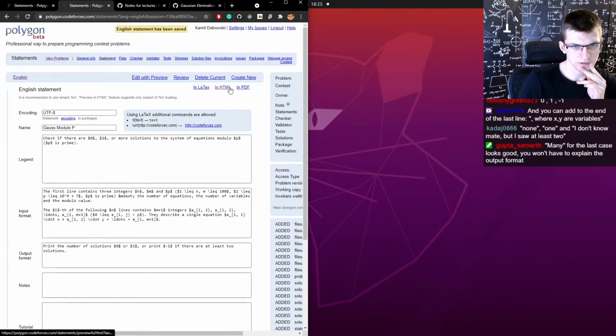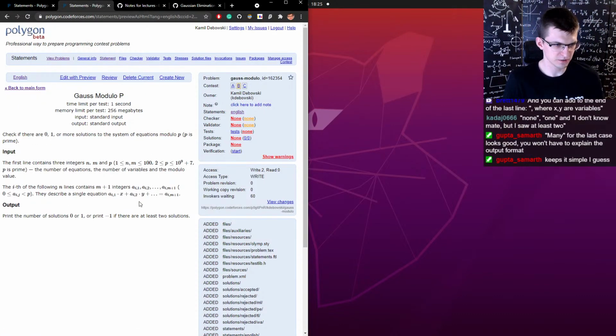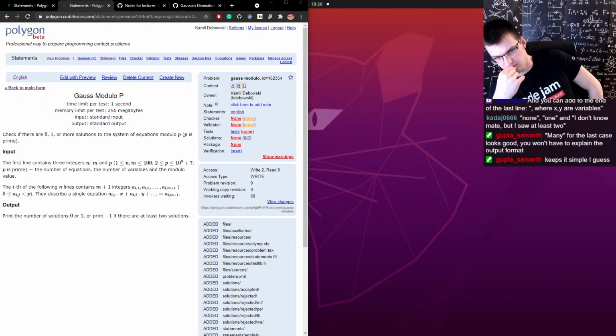Does it work? Many for the last case looks good. You won't have to explain the output format. Keeps it simple. None, one, and I don't know how many, but I saw at least 2. Maybe we could actually tell people to print at least one solution. Maybe that's educational.